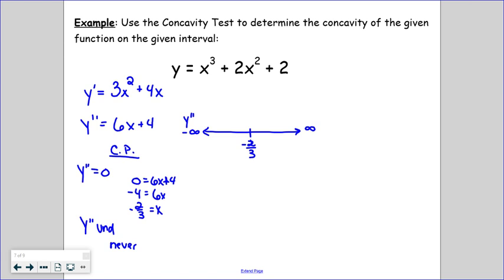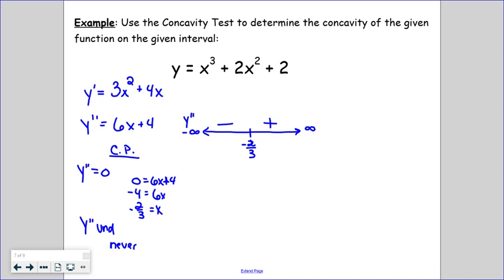So in this section here, I would pick something less than negative 2/3, like negative 10. If I plug in a negative 10, this is going to be a negative number. If I come to something bigger than negative 2/3, like 0 or 10 or 100, it doesn't matter, plug in 10 over here, it comes out to be a positive number.